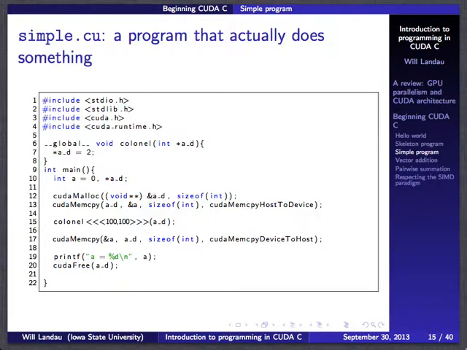If I want a pointer to an int to point to an int on the GPU, then I pass cudaMalloc a pointer to that pointer to an int, and I tell it the size that I want. So if a_d were an array of length n, I would pass in my second argument as n times sizeof(int).